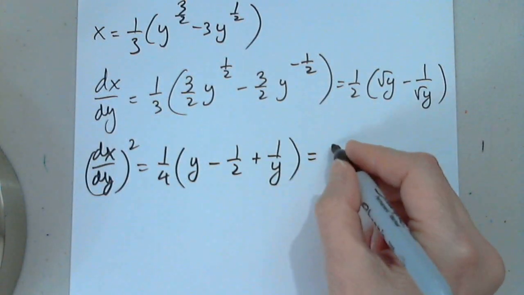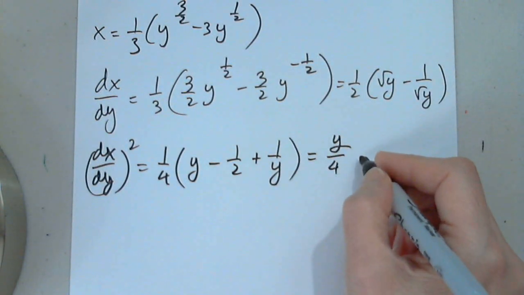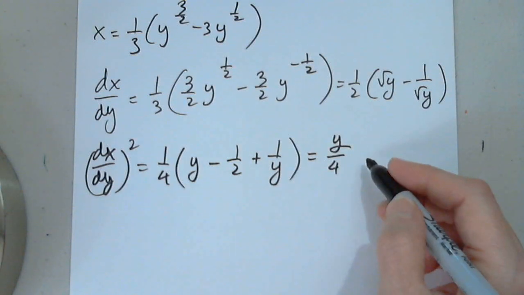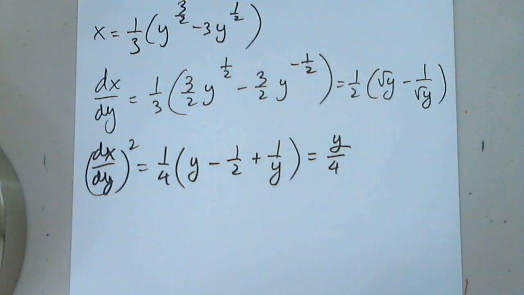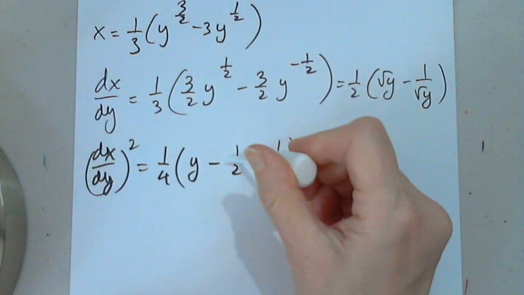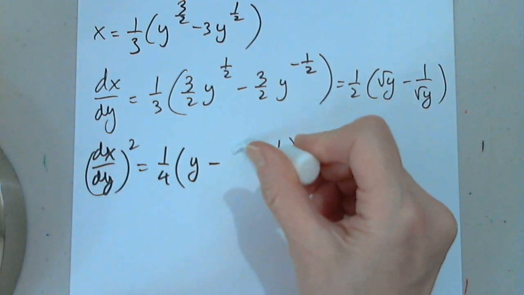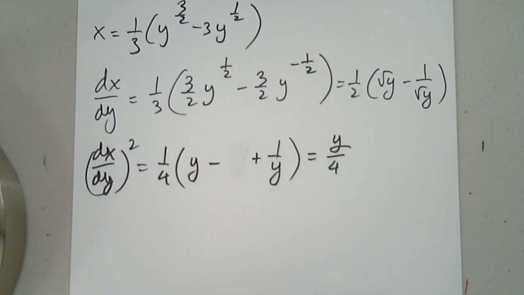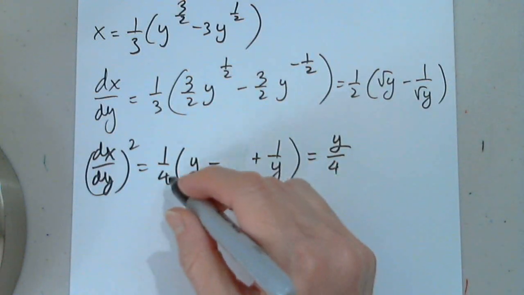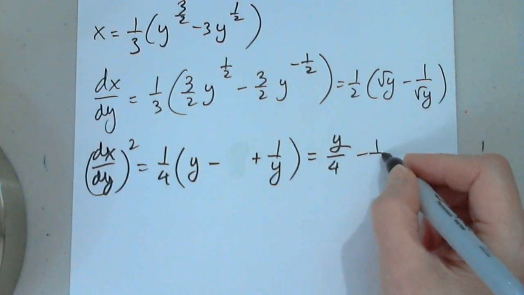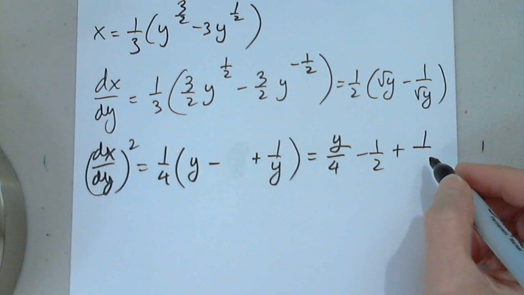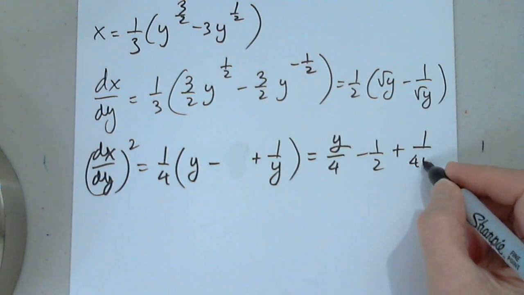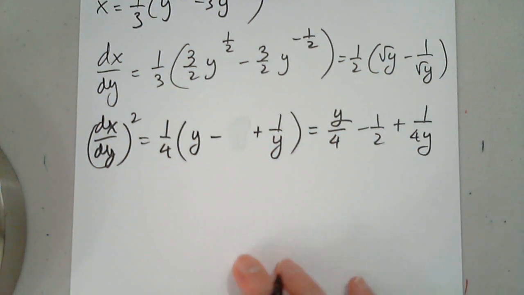Okay, I will distribute now y over 4. I keep writing 2, but that's just 2. It's not 1, negative 1/2. So that is 2. So 1/4 times negative 2 is negative 1/2 plus 1 over 4y. I'm going to come back and change that.